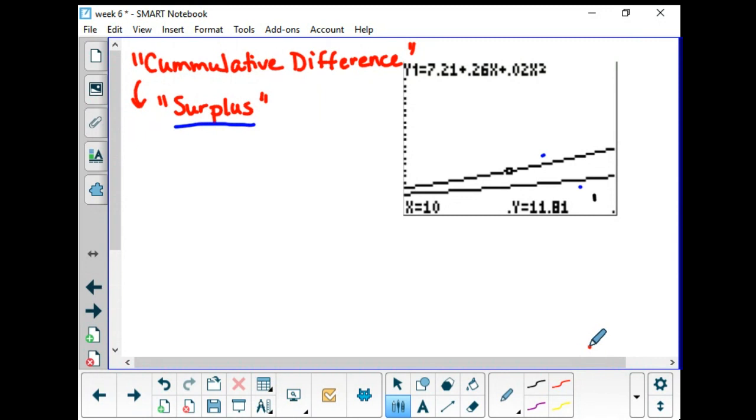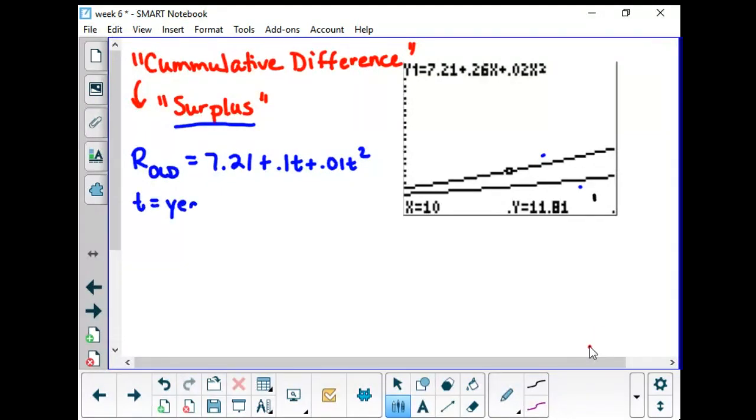In one revenue model, we'll call it the old revenue model or the original revenue model, our revenues would be accumulated according to this particular formula, where T is the year and year 0 is 2000.